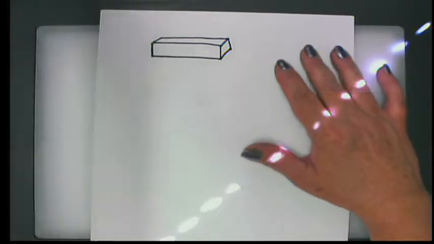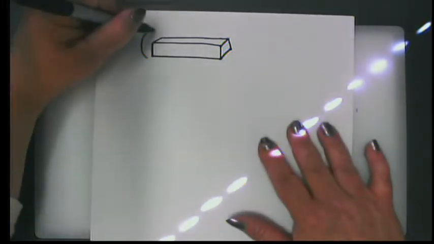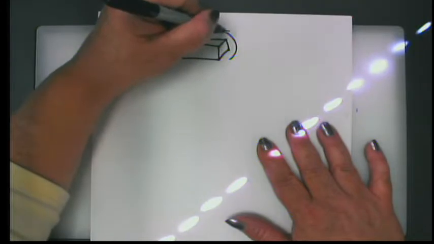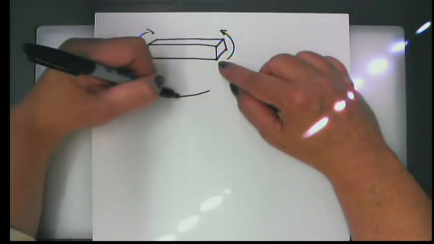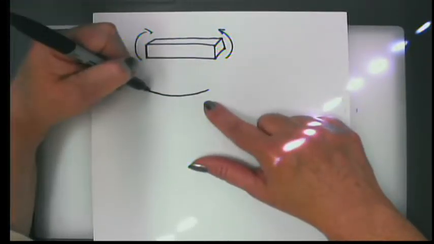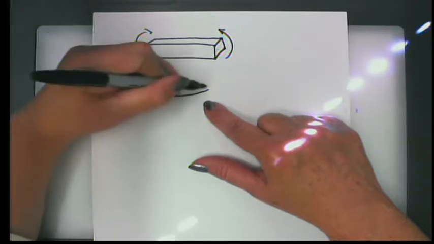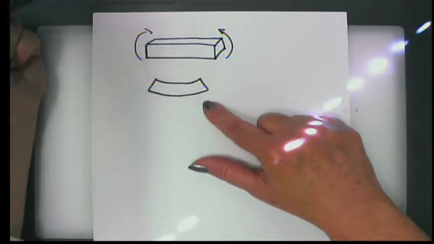If we subject it to a positive pure bending moment, if we bend it up like this, we know that the lower part of the beam is going to, in this case, lengthen, and the upper part, the part above the neutral axis, is going to shorten.